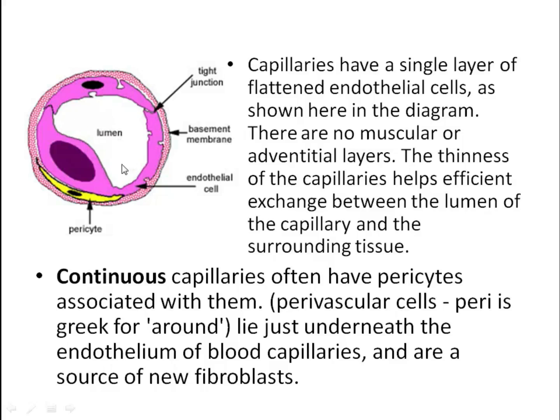This central lumen is where the blood flows. This is one endothelial cell, and this is another endothelial cell. So only these two cells form a complete ring of a capillary.